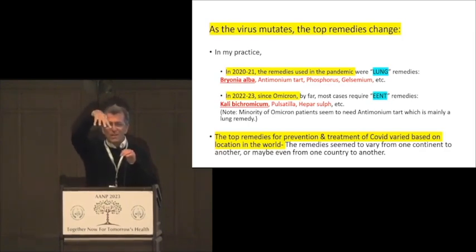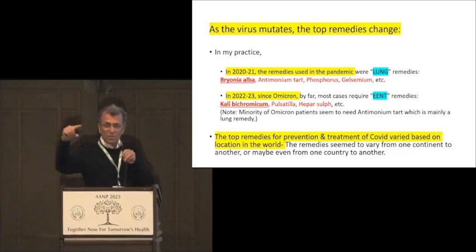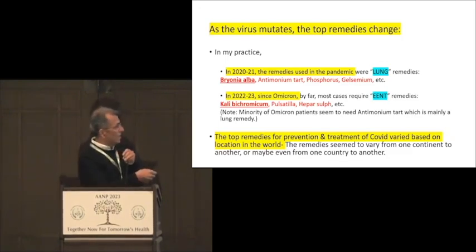My kids and my students know that, and Dr. Louis. So you should definitely make a note of that. Dr. Robin Murphy, our favorite homeopathic teacher in North America, who passed a couple of years ago, unfortunately, talked about epidemics, and he would emphasize the significance of that. As the virus mutates during an epidemic, the top remedies change.